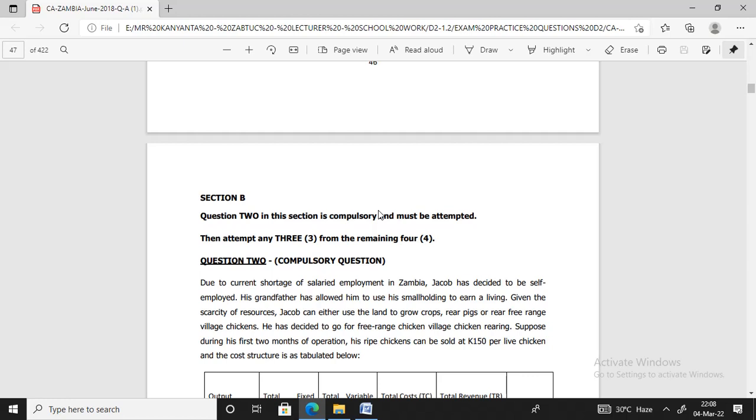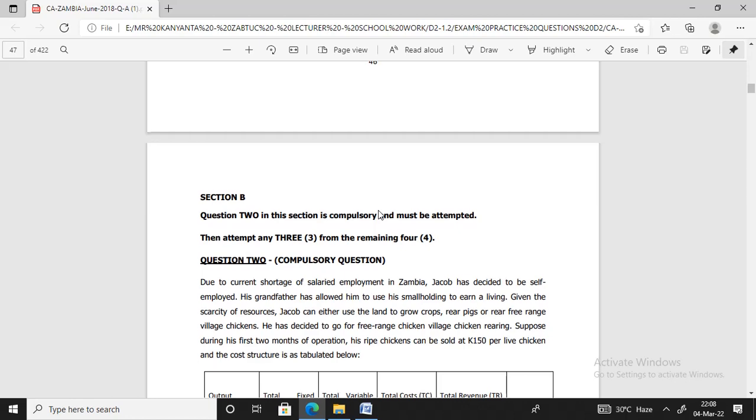He has decided to go for free-range village chicken rearing. Suppose during his first 2 months of operation, his ripe chicken can be sold at 150 per live chicken, and the cost structure is as tabulated below.